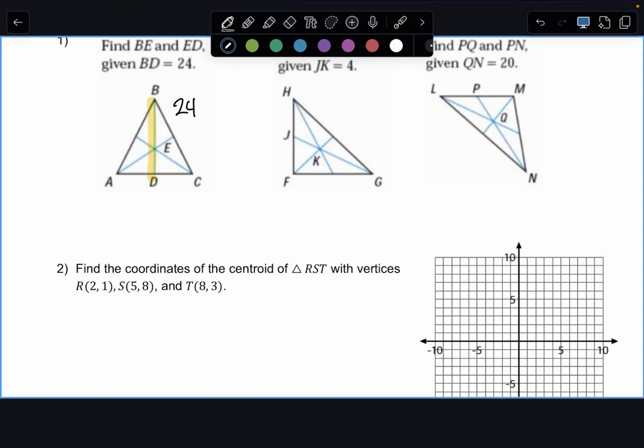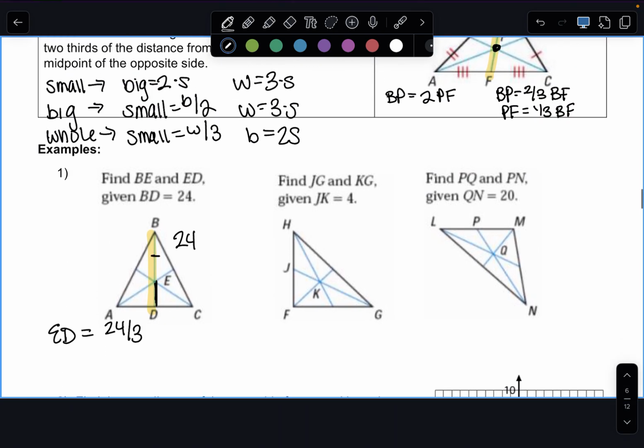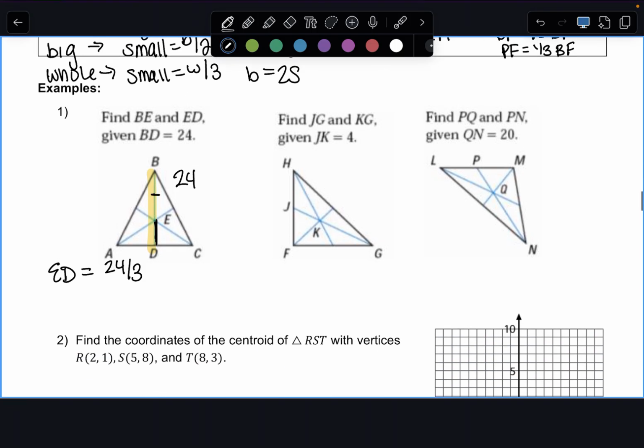The small piece is right here, ED. And again, I can split my whole piece into thirds. So ED is going to be 1/3 of my whole piece. Just like my formula up here. To get my small, I divide my whole thing by 3. So for my small piece, I get 8.